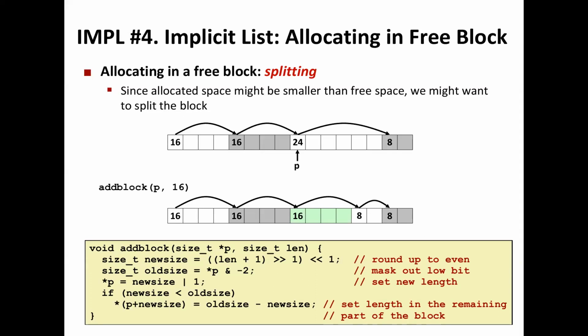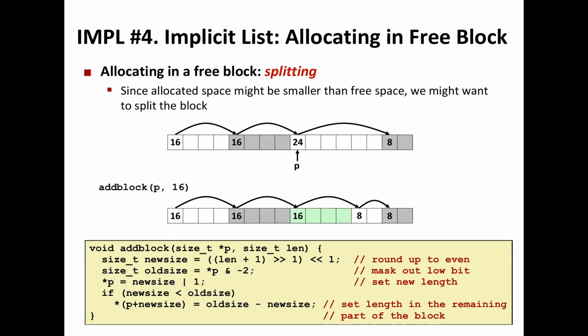I mean, even with negative numbers, it's divided by 2, but the question is which direction you're rounding to. So 17 divided by 2 in integer division is going to be 8. And then you left shift it by 1. So that's basically multiplied by 2. So now you get 16, right?